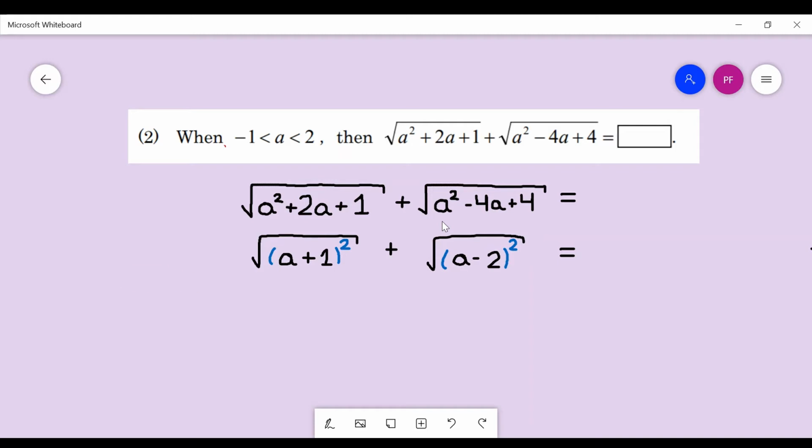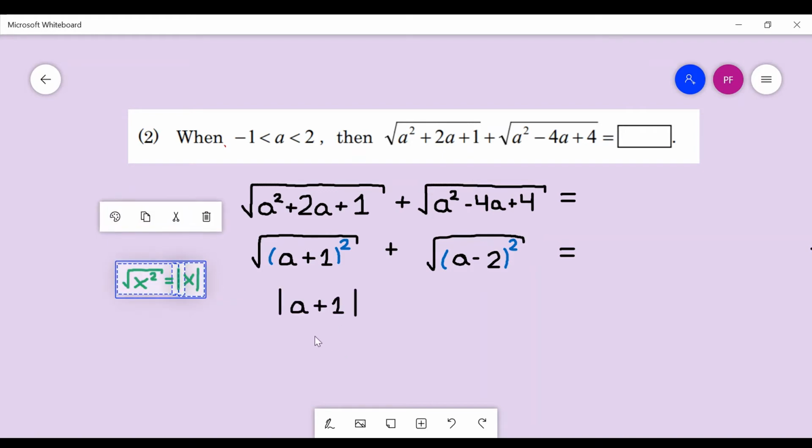Let's remember, the square root of x squared is equal to the absolute value of x. So the square root of a plus 1 squared is the absolute value of a plus 1, and the square root of a minus 2 squared is the absolute value of a minus 2.